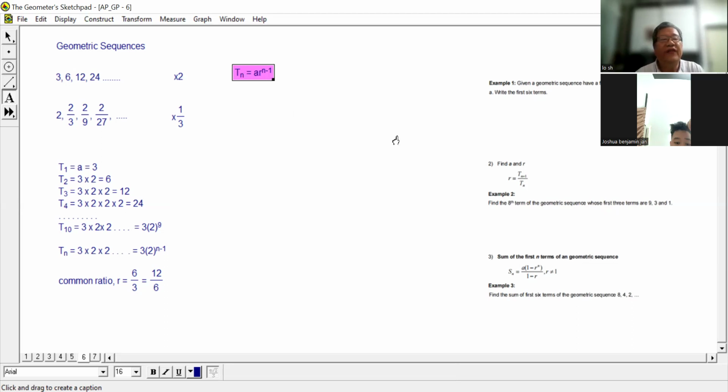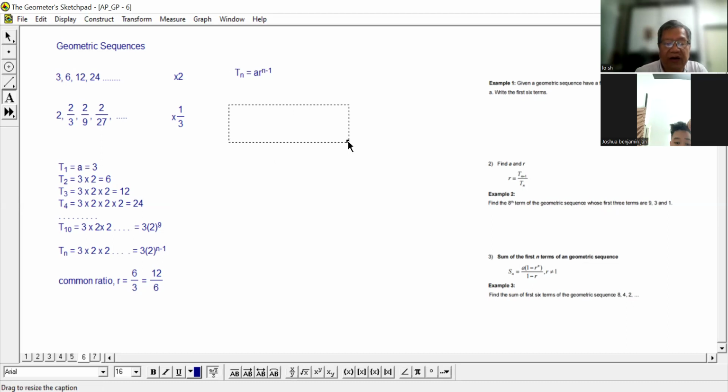So with this, we have another formula, right? We have the r. How to find the r?